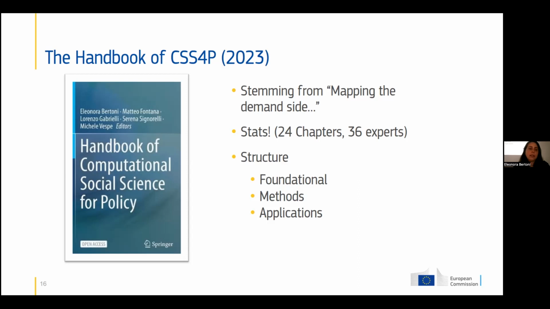We do think that CSS really gives a lot of opportunities for policy to be developed more efficiently, not ultimately because of the great availability of data, but also because those data are definitely more timely. And this could shorten the different timing of science and policy.